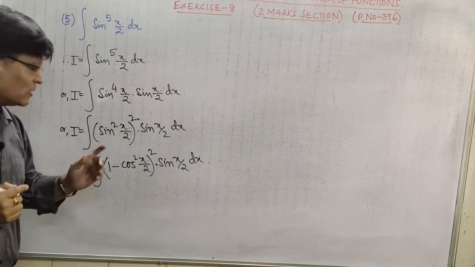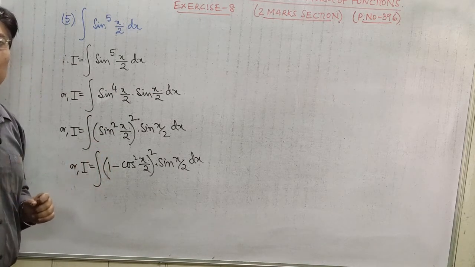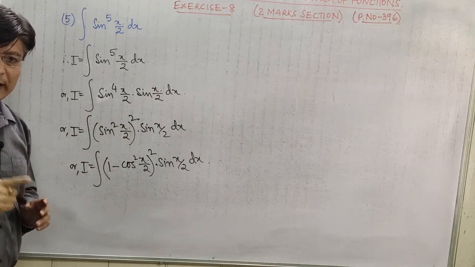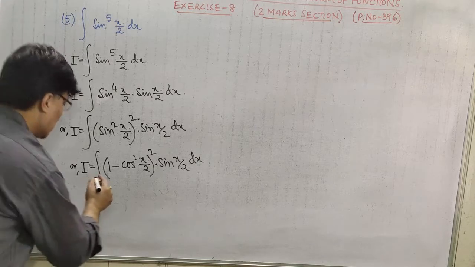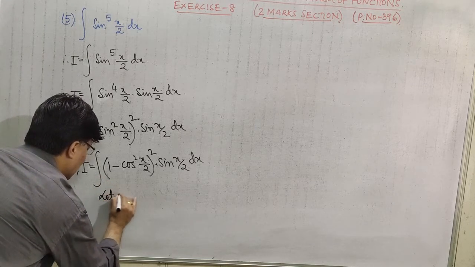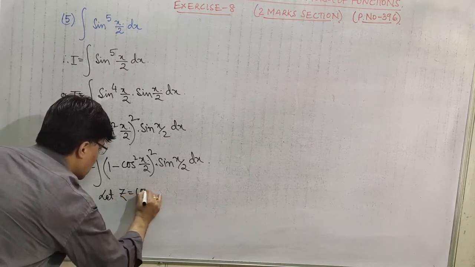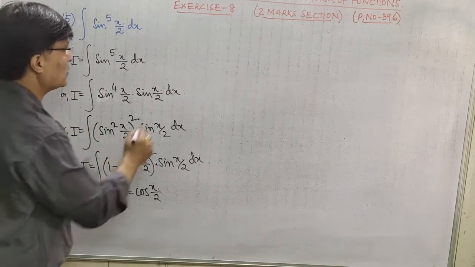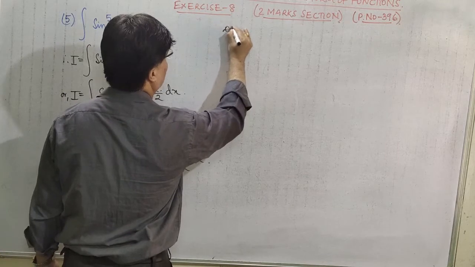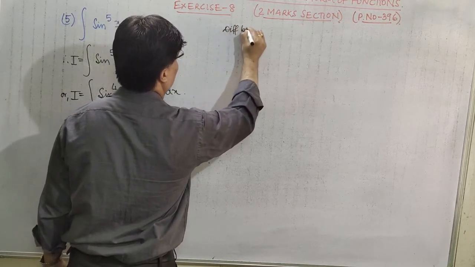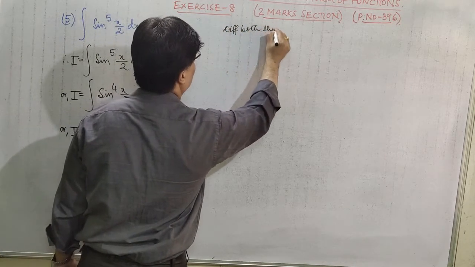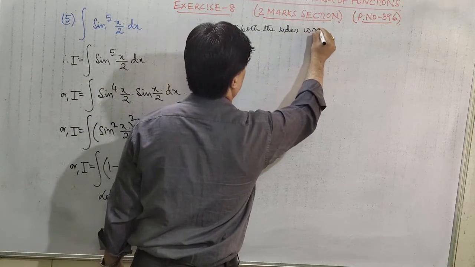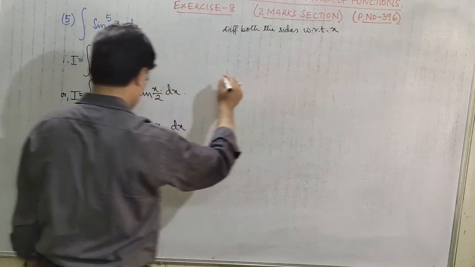Understood? So now let us assume z is equal to cos x by 2, because this differentiation is minus sine x by 2 into half, right? So let us differentiate both the sides with respect to x.